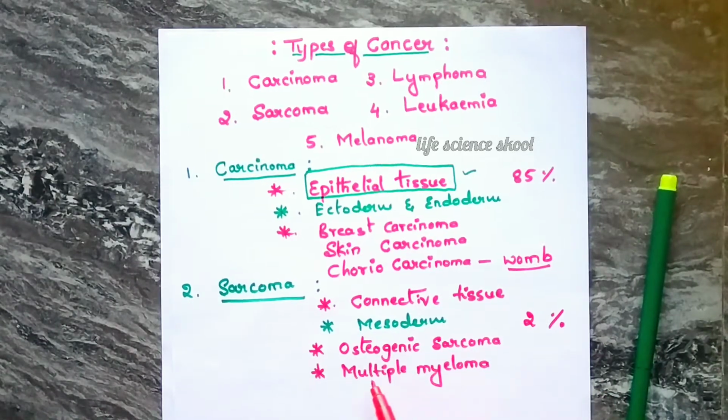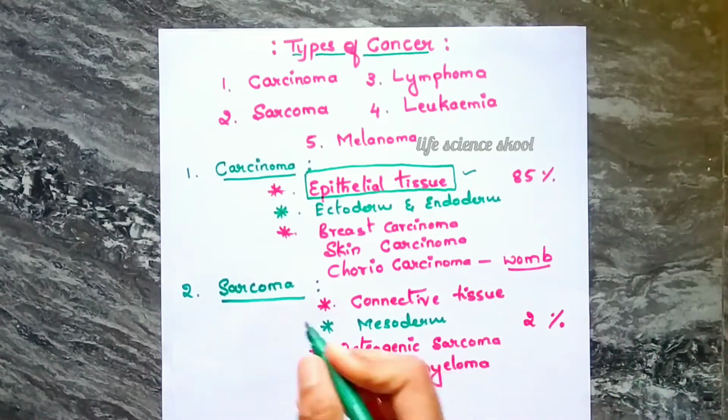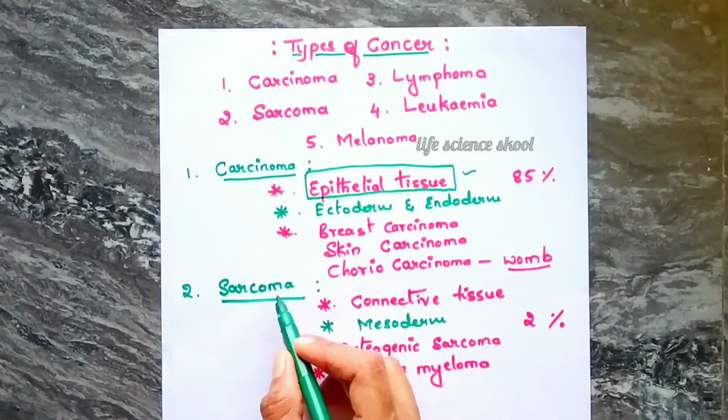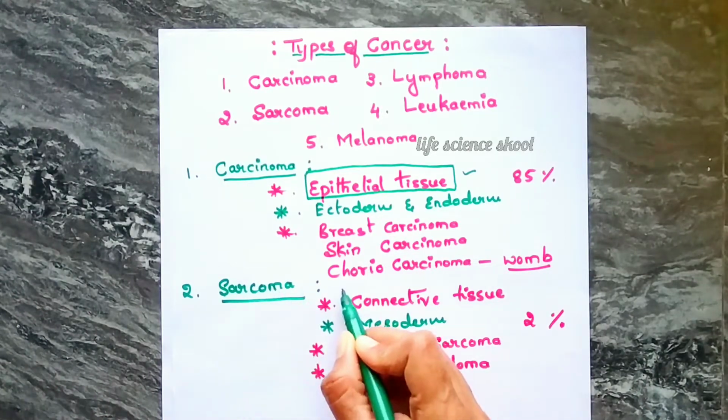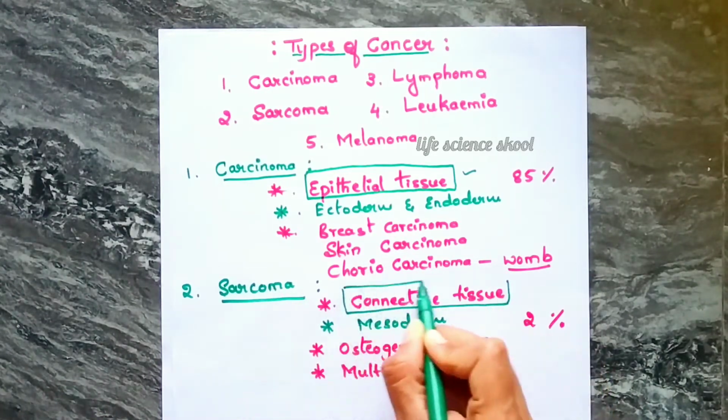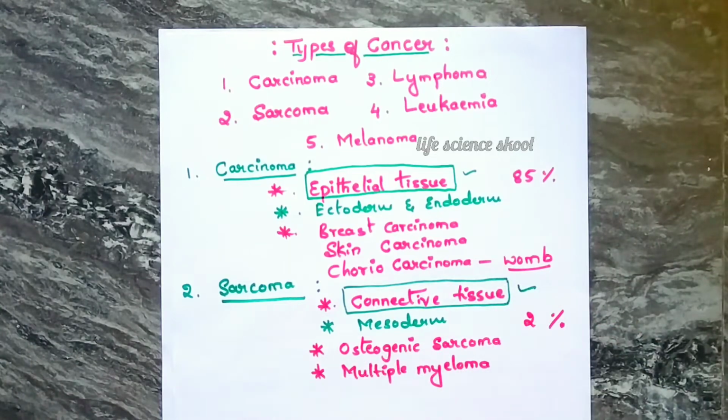This is also called Kahler's disease. It affects the plasma cells; you can say plasma cell cancer. It actually attacks the immune system. The key point here is that whenever you hear the word sarcoma, you have to remember it originates from the connective tissue. That's how you can remember.